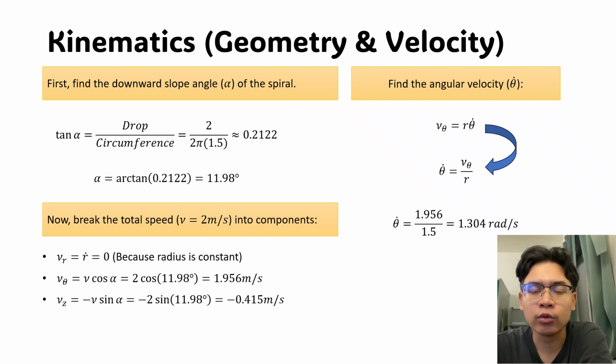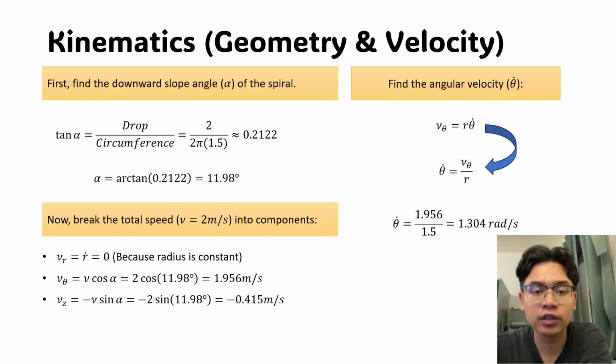We need to break the 2 meter per second constant speed into cylindrical components. The radius is constant, so the radial velocity Vr, or r dot, is 0. The transverse velocity V theta is the horizontal component, so it will be 2 cos of 11.98, which is equal to 1.956 meters per second.